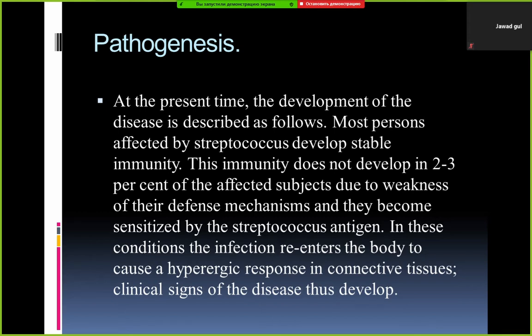In these conditions, the infection re-enters the body to cause a hyperergic response in connective tissue, and clinical signs of the disease thus develop. So it means that acute rheumatic fever will develop in predisposed persons with weakness of the immune system.